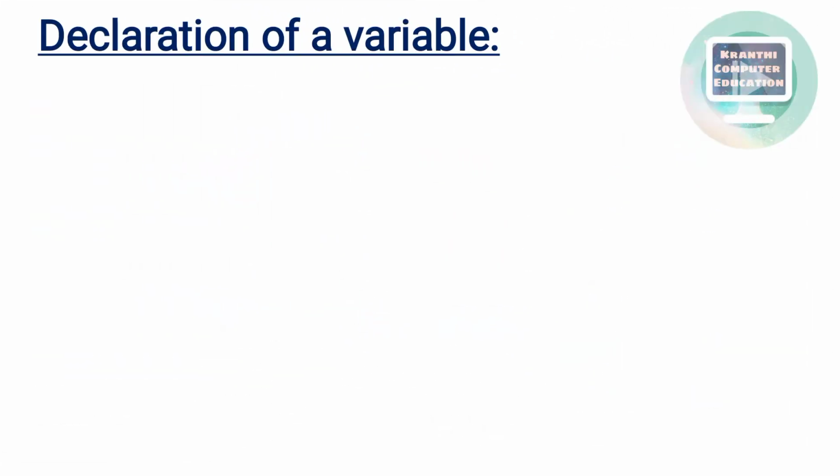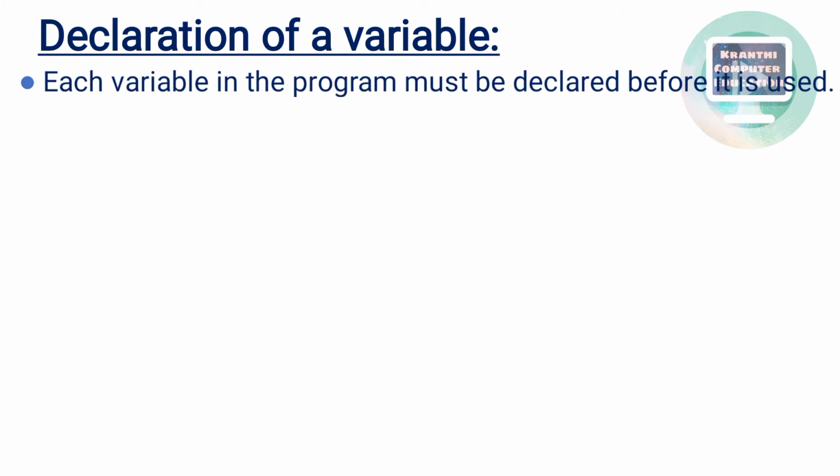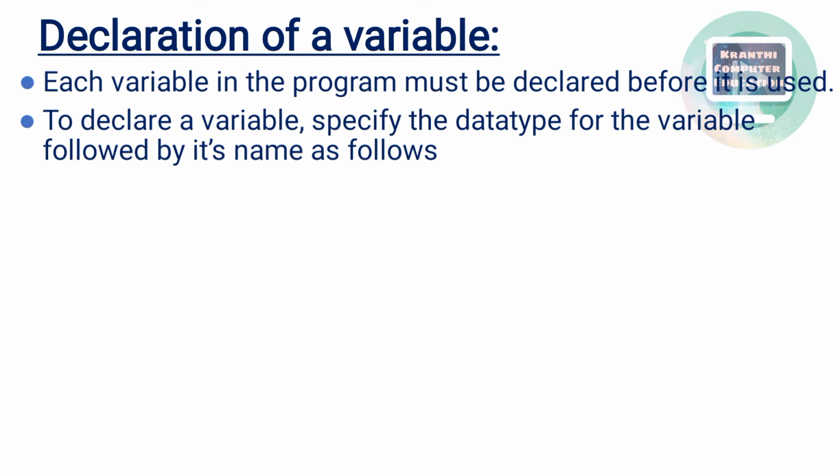Next, we will see the declaration of a variable. How to declare a variable? Each variable in the program must be declared before it is used. To declare a variable, specify the data type for the variable followed by its name.